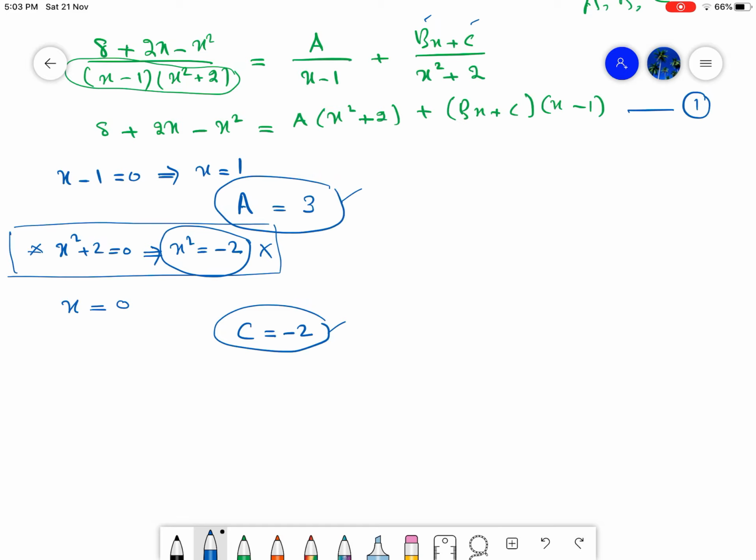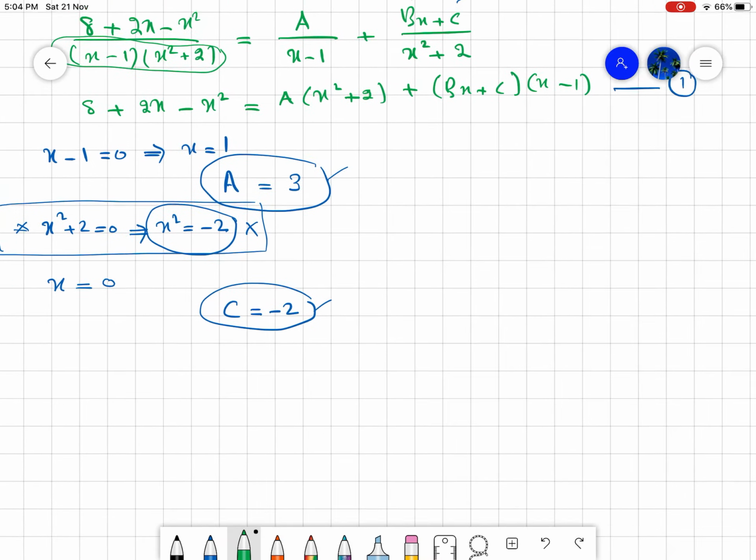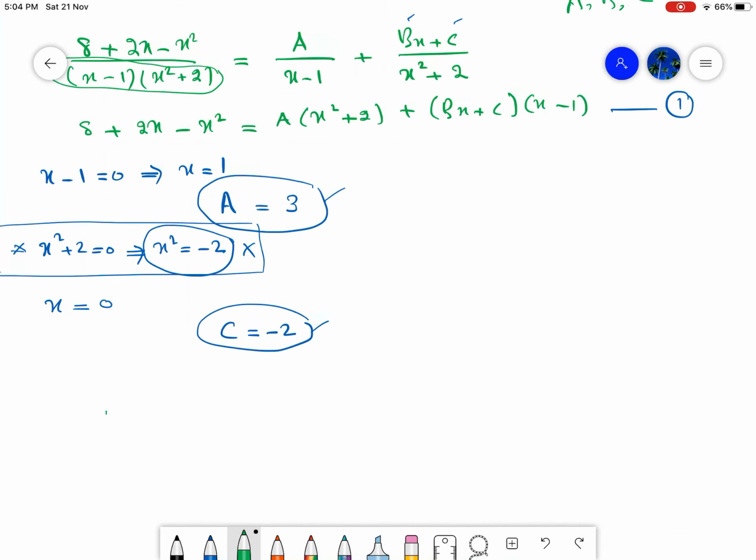So what to do in order to work out the value of the last variable, which is b? Here we will again go back to our equation 1 and simplify it such that we can then compare the coefficients. Our equation 1 is 8 plus 2x minus x square, and then open the brackets.